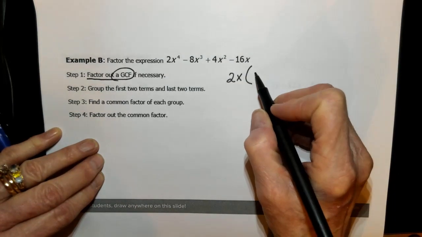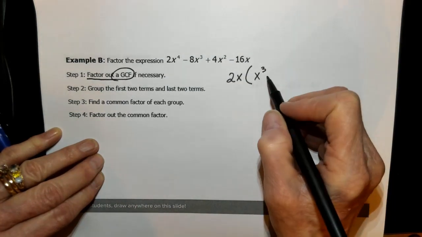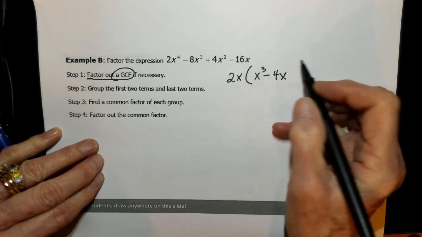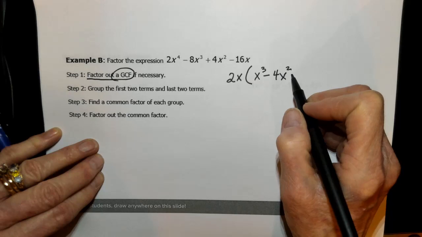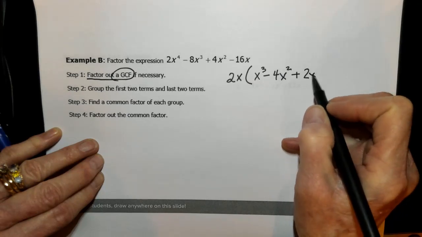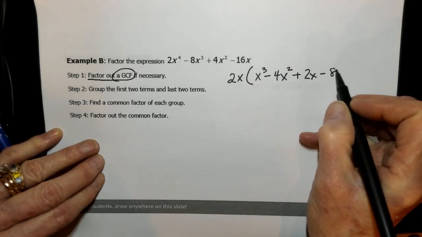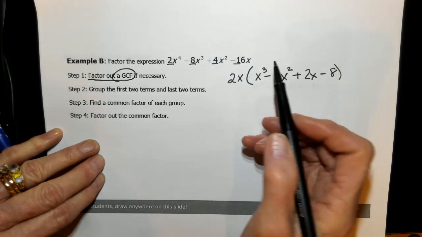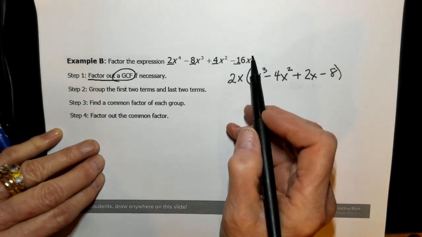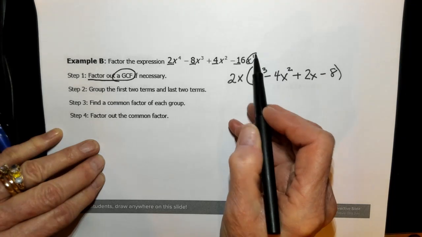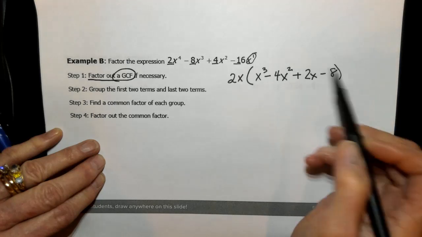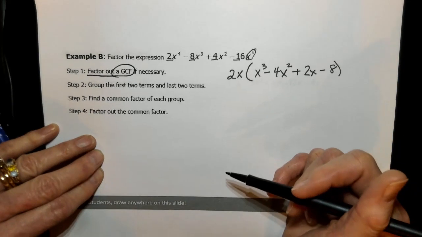So then this becomes x to the third, and this becomes minus 4x squared. Then it becomes plus 2x, and then minus 8. Remember, you look for the greatest common factor of the numbers, and then you take the smallest value of x. And to find out if I've done it right, if you just distribute, you'll get back here.